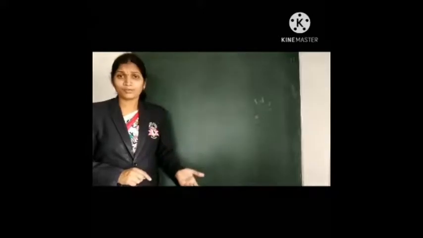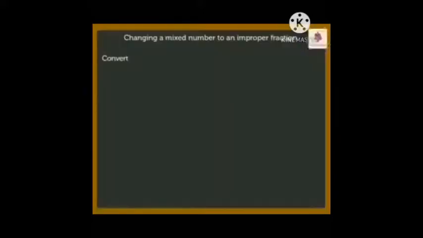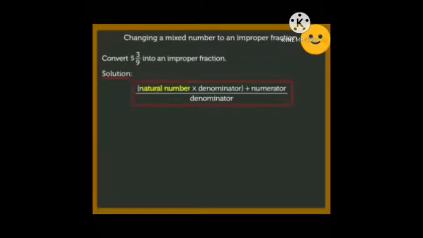Now, the next topic is to convert a mixed fraction into an improper fraction. So, convert 5 and 3 upon 9 into an improper fraction. Solution. Formula: natural number multiplied by denominator plus numerator, upon denominator.